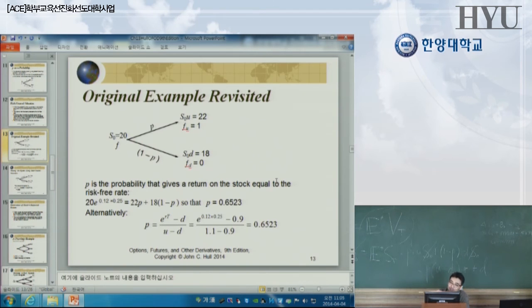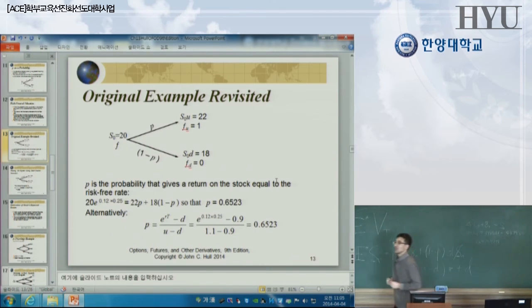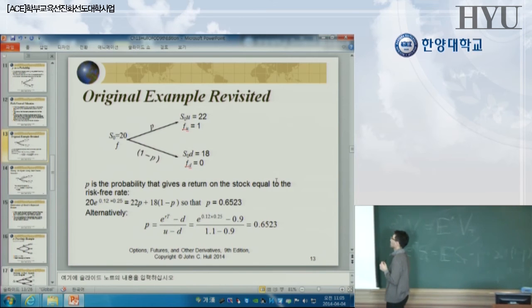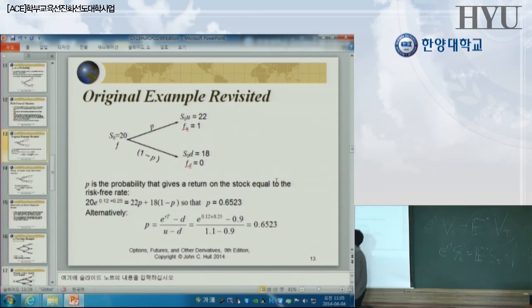In the original example, S0 is 20, with up to 22 and down to 18. If P is the probability that gives the return on the stock equal to the risk-free rate, in other words, if P is the probability that holds in a risk-neutral world, then the expected return from investing the stock price in the bank or investing in the stock should be exactly the same.